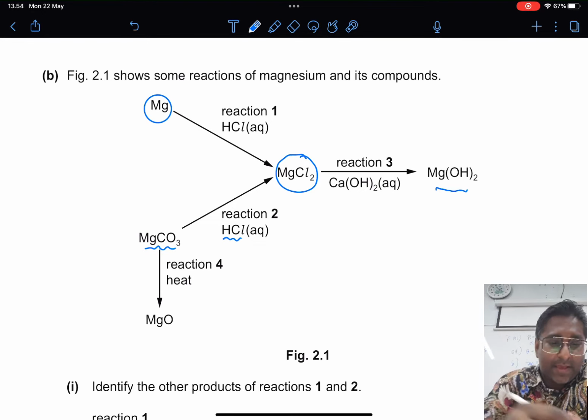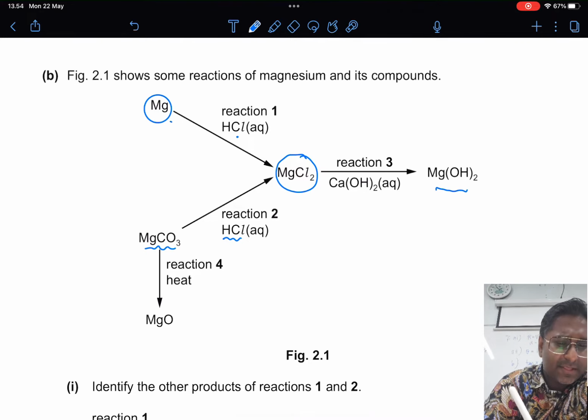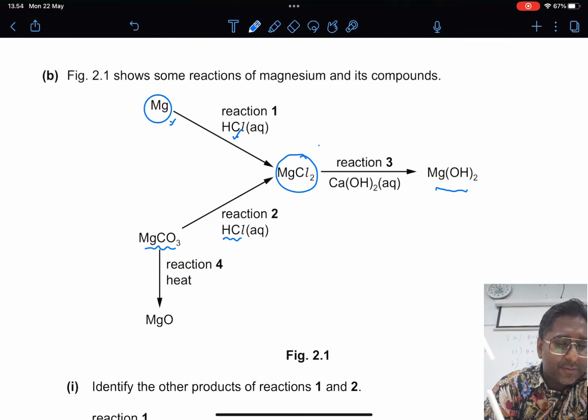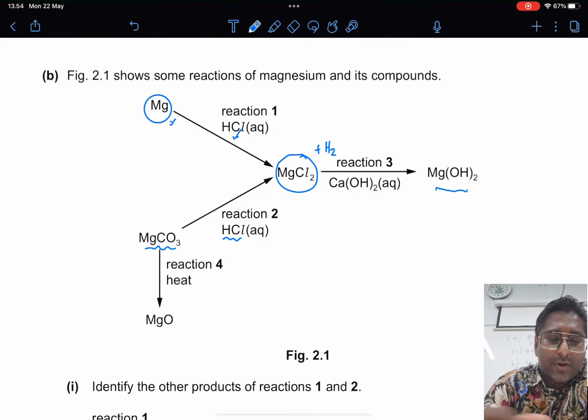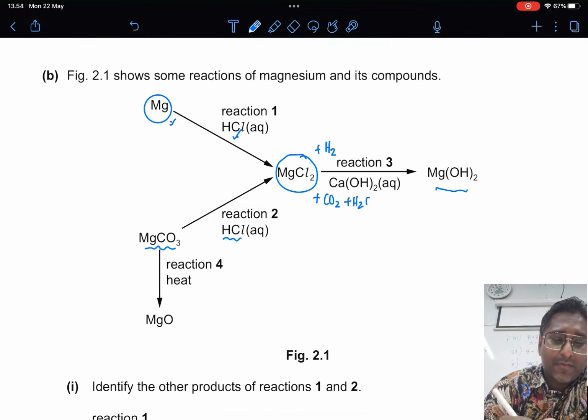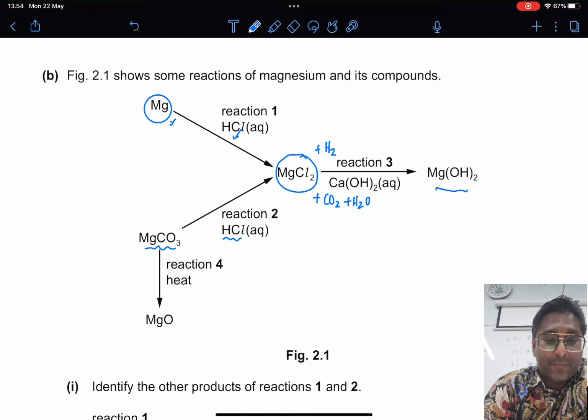Do remember, acid and metal will give you salt and hydrogen gas also. So magnesium carbonate with HCl will give you salt plus carbon dioxide and water. So for reaction 2, that is carbon dioxide and water.